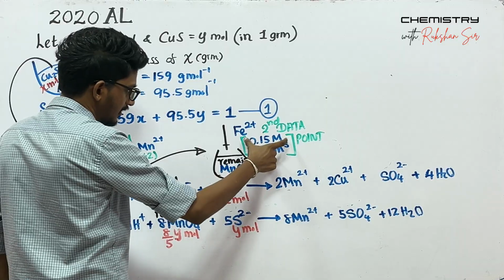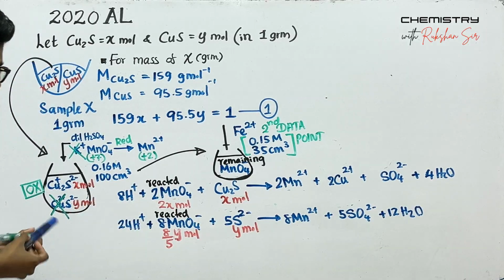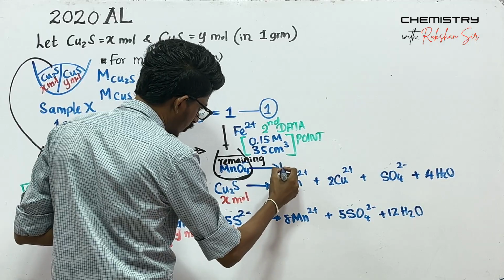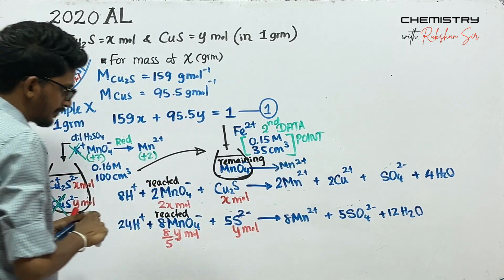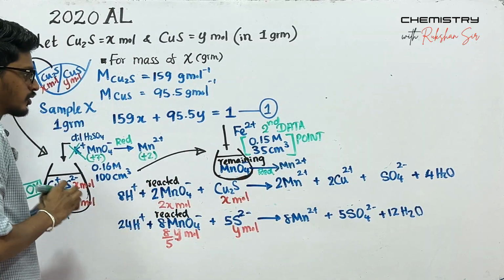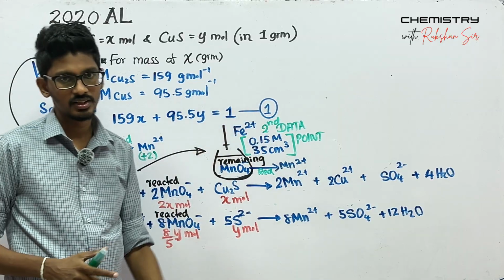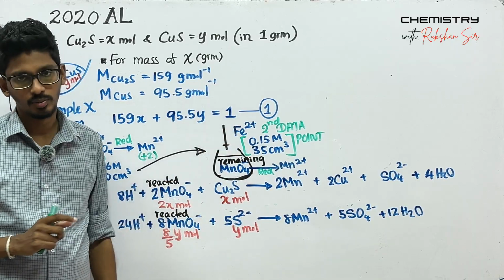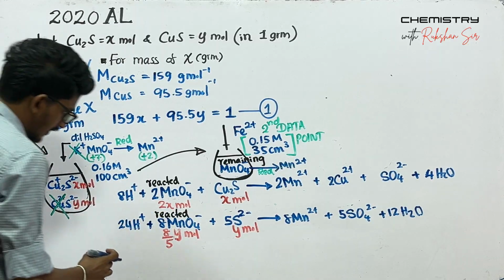Okay, so how to come up with this one? First of all, let's write the reaction involved in the Fe2 plus and the MnO4 minus. We definitely know the only thing the MnO4 minus can do is convert to Mn2 plus, a reduction. So only oxidation could occur with the Fe2 plus, so the Fe2 plus will oxidize to Fe3 plus, right? The only two available forms of iron are Fe2 plus and Fe3 plus. So that is going to be the next reaction, so let's write that as well.